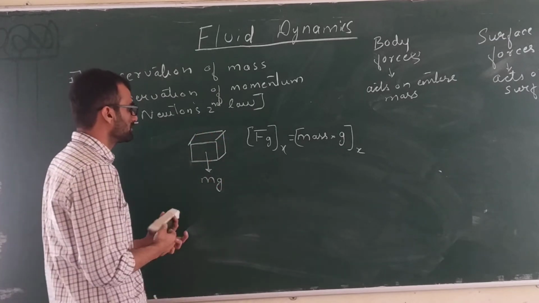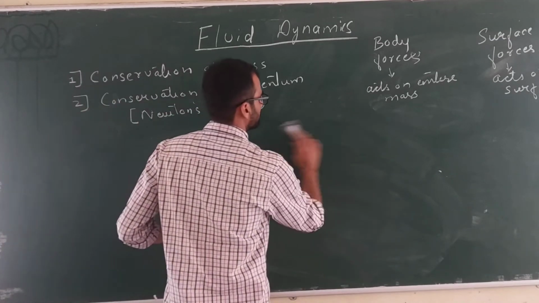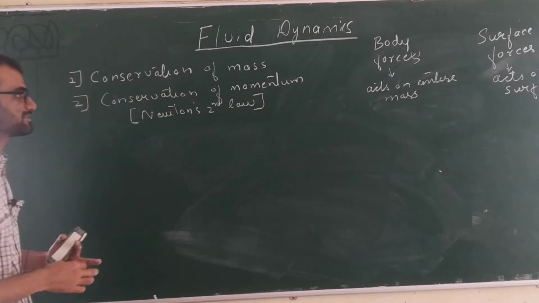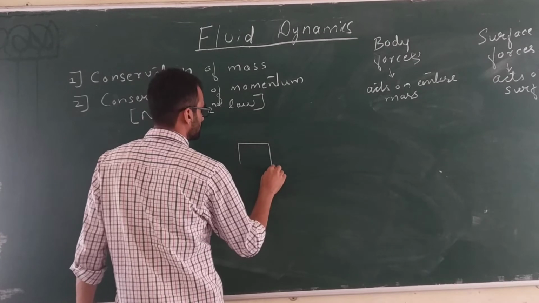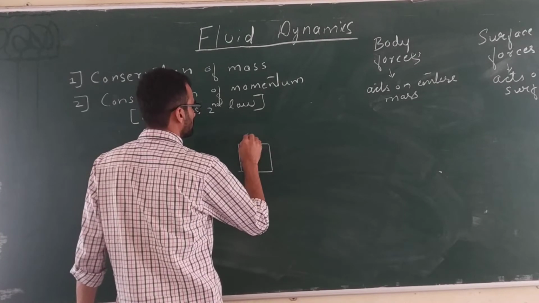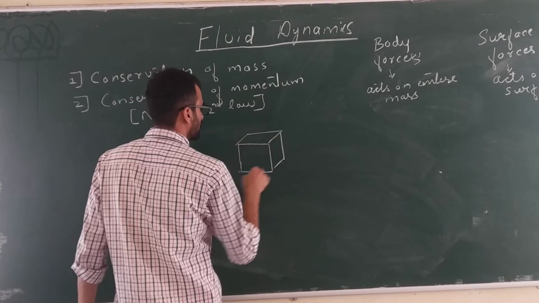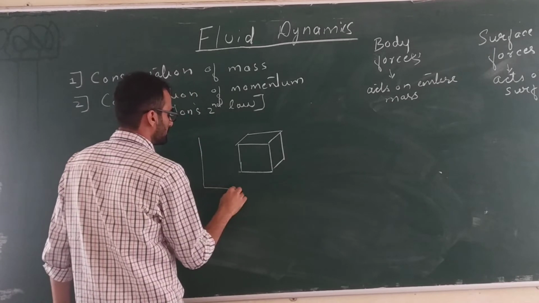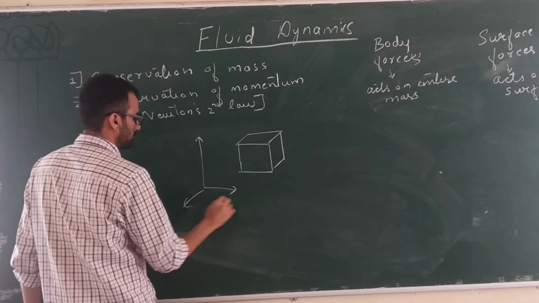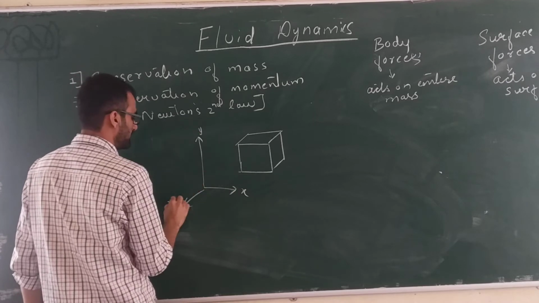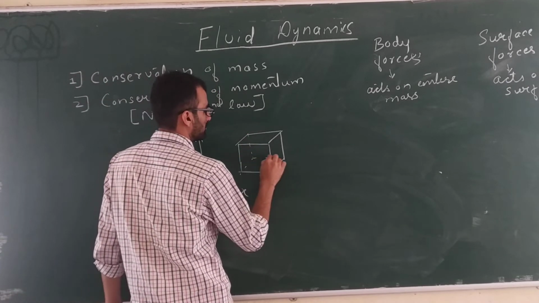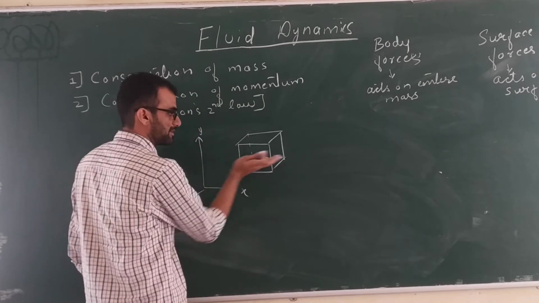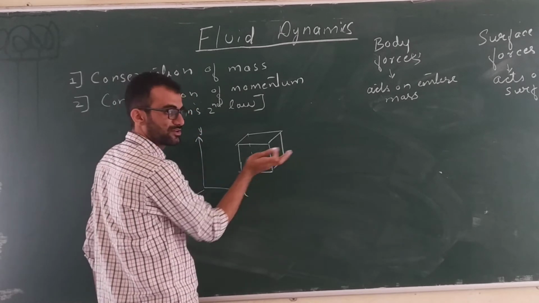However, consider another force, let us say the pressure force. Let's say this is a fluid element, with x, y and z axes, and consider this surface. I am considering the surfaces along the x direction.